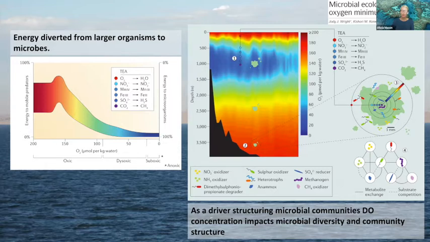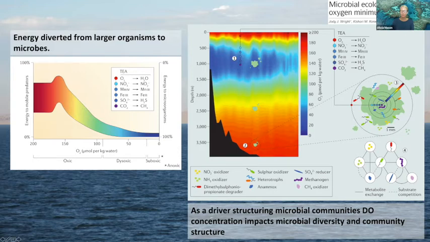And when you get low enough, you can actually have methanogenesis in the water column, which is going to produce methane. But this stands for terminal electron acceptors. And you can see that in the oxic environment, this is the primary electron acceptor. And as you move into low oxygen conditions, you get a diversity of terminal electron acceptors. And you can also run these reactions in reverse. And so we're going to look at this in reverse a little bit today.